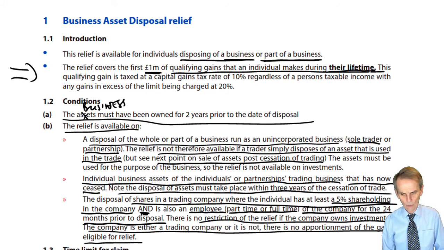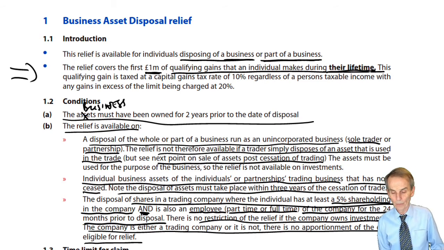Now, if the individual had made any other gains that qualified for this relief, or what existed before it, which was entrepreneurs' relief, then that must be taken into account in determining whether we have any of that lifetime limit left.